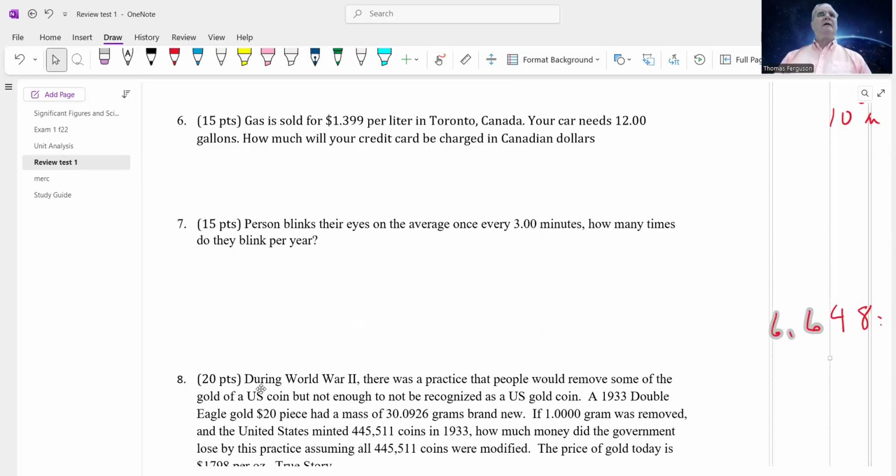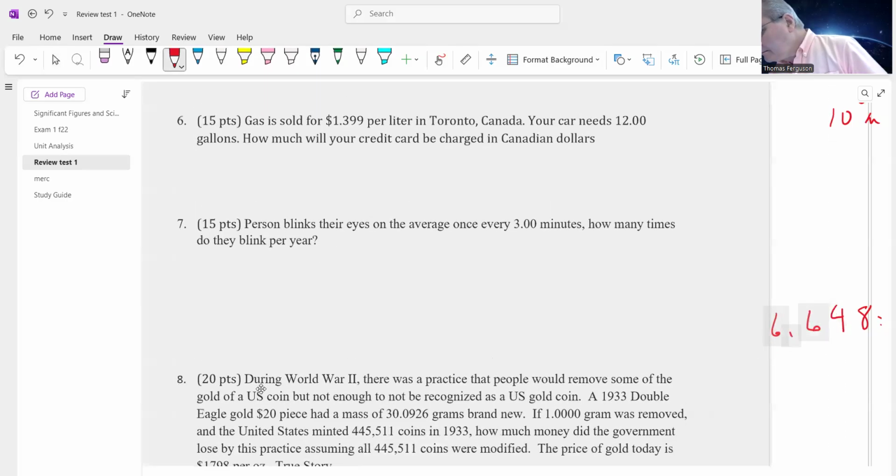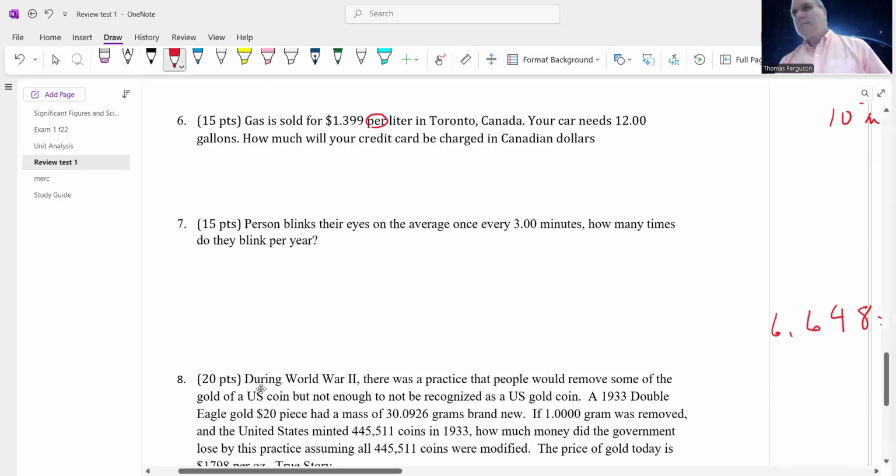Now that's a fraction, so that means it's, see the per? Automatically becomes a fraction or conversion factor. So in this case, we don't want to start with a conversion factor. What should we start with?